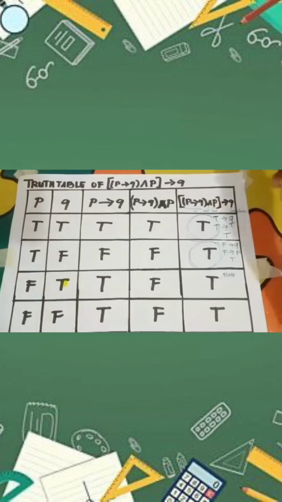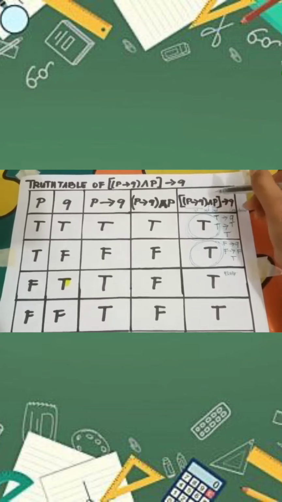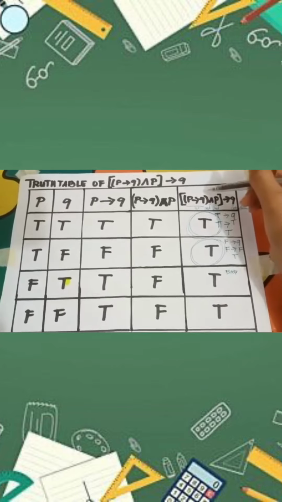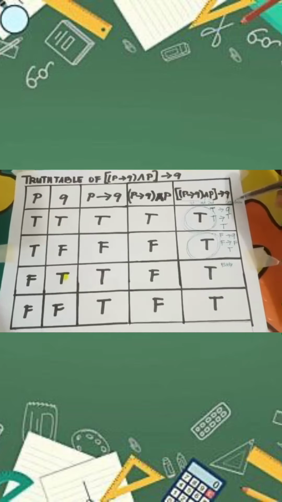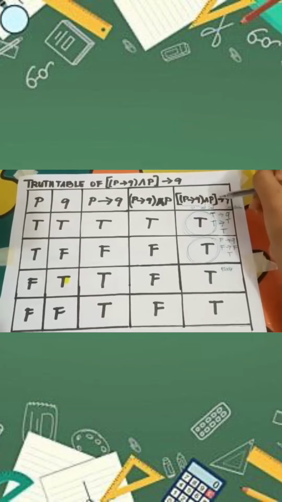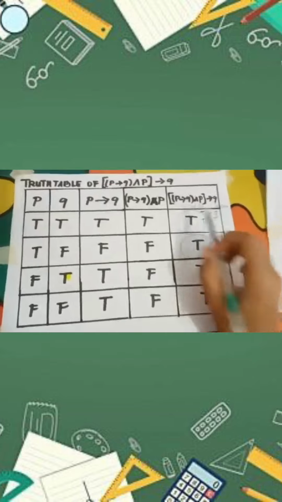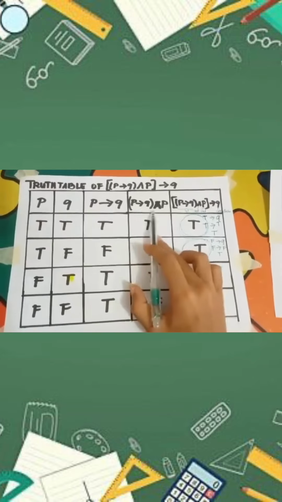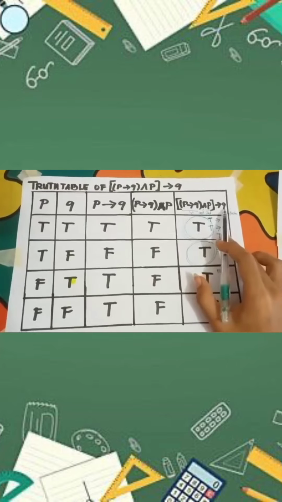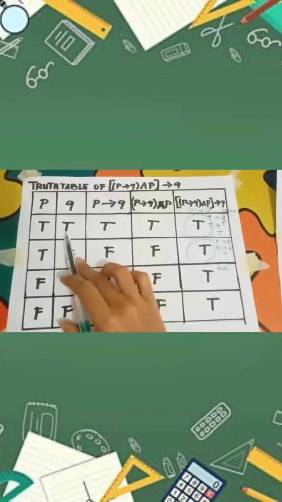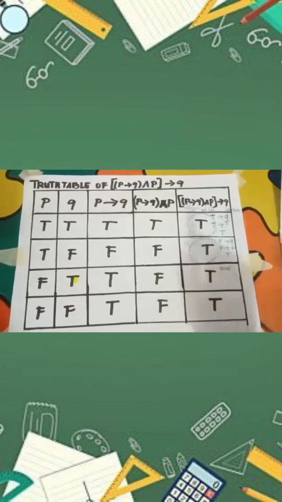Next, the last column, for the symbolic form: the combination of both premises implies the conclusion. To determine this, the first premise is true and the variable q is true, so true implies true is true.